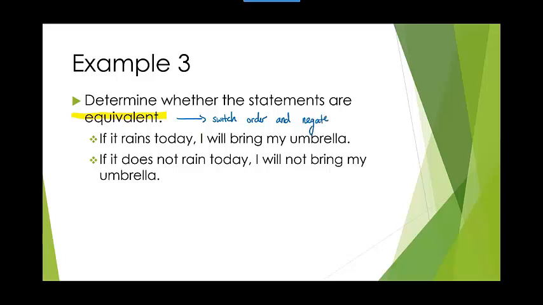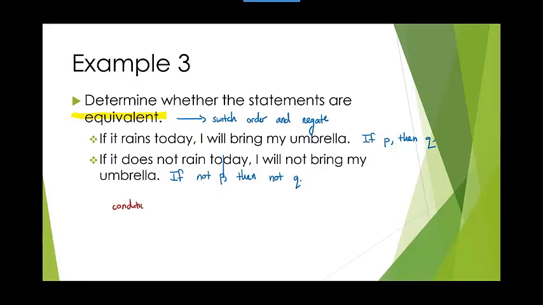Okay, so let's look at the first sentence. The first sentence is of the form, if P, then Q, where we left out the then, but that's okay. And then the second sentence, if it does not rain first, is of the form, if not P, then not Q. Here we didn't switch the order, we only negated, which tells us that these are not equivalent.